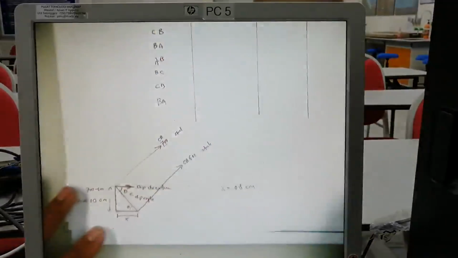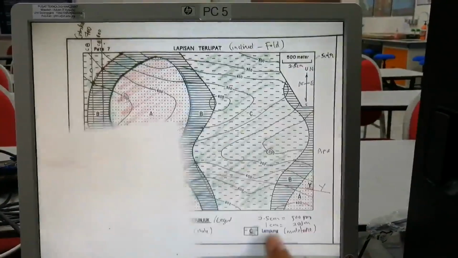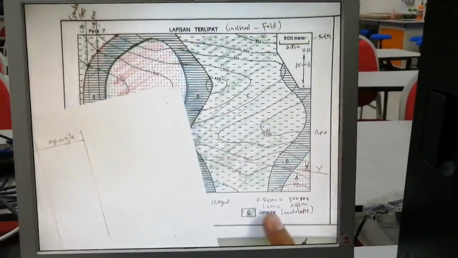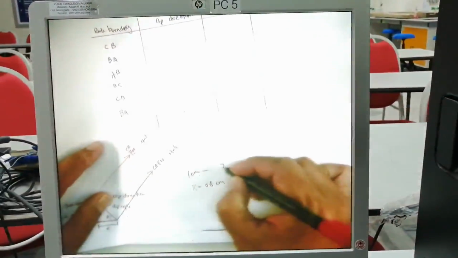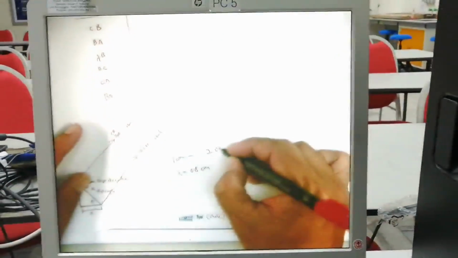From the legend, we know that 2.5 centimeter is 500 meter, so 1 centimeter is 200 meter.